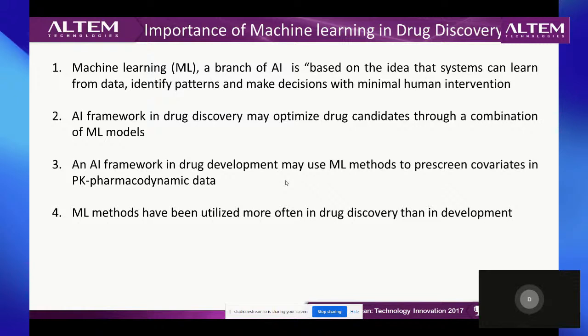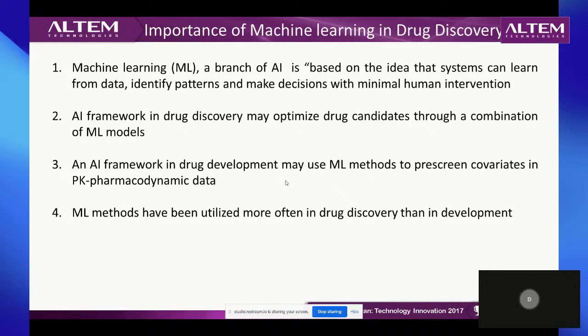Machine learning, as I told you, is a branch of artificial intelligence based on the idea of learning from data, identifying patterns, and making decisions with less human intervention. So as soon as you get the data, we should decide that because of this gene expression, we need to treat with certain kinds of drugs. That kind of analysis needs to be integrated into the day-to-day process to reduce infectious disease.